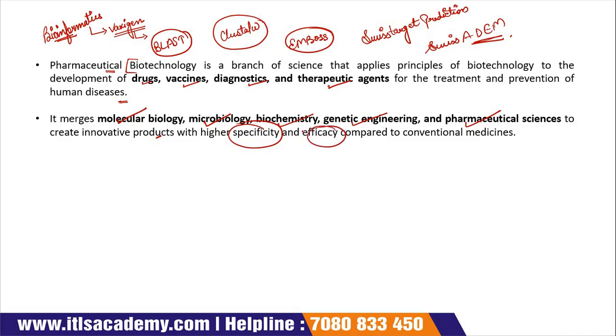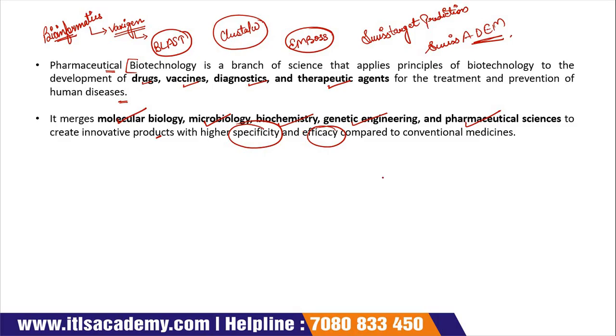Okay, this is the importance of biotechnology in the field of pharmaceuticals. The importance is to overcome the problems of traditional methods, or to fulfill the demand of modern times. Okay, the main purpose of pharmaceutical biotechnology is to apply the concept of biotechnology to develop a drug, vaccine, diagnostic and therapeutic agent.